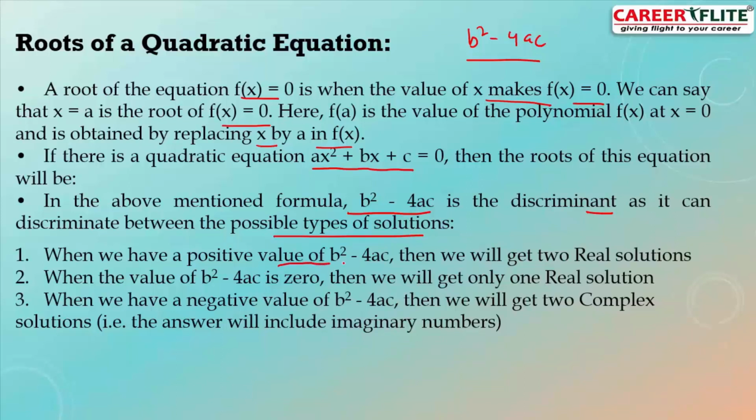When b square minus 4ac has a positive value, then we will get real solutions, here two real solutions. If b square minus 4ac is 0, we will get only one real solution. When b square minus 4ac is less than 0, that is a negative value, we will get two complex solutions.